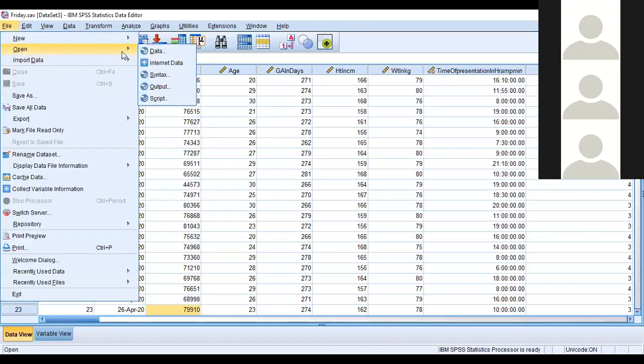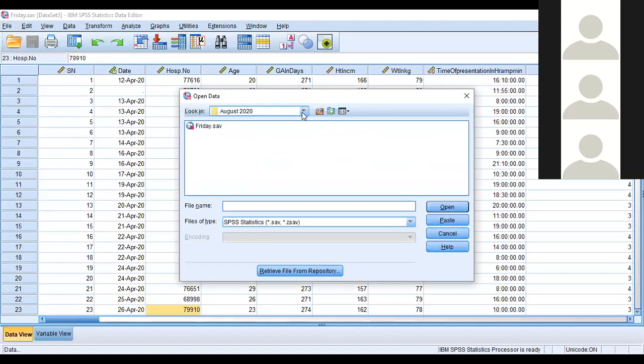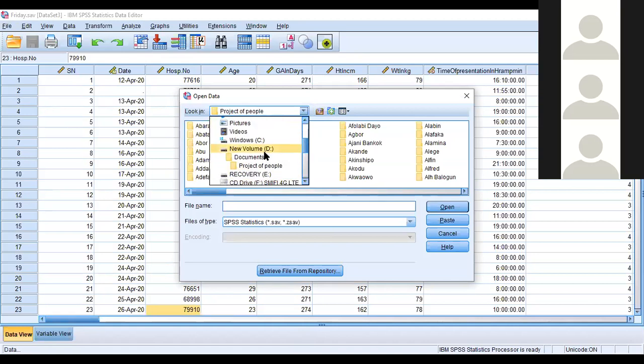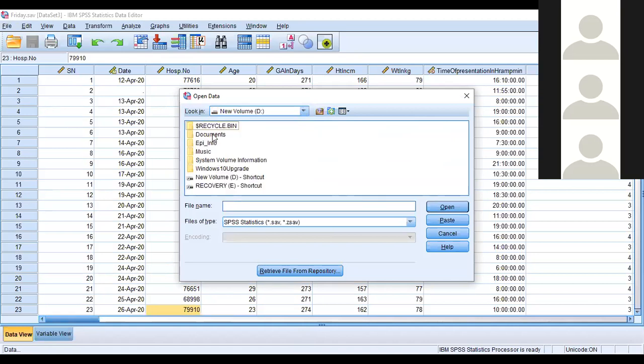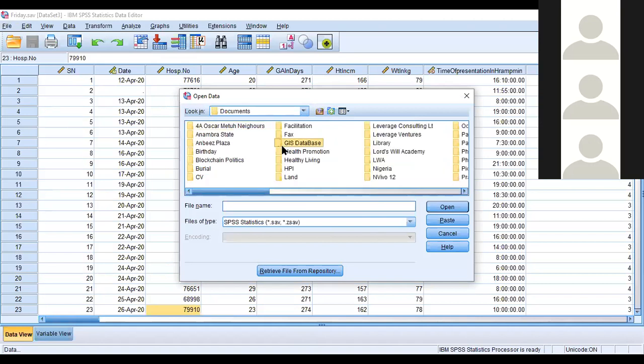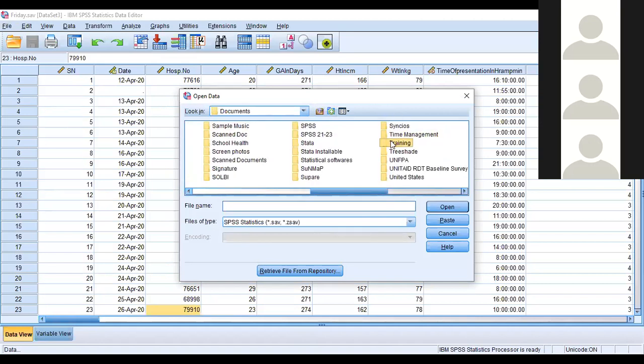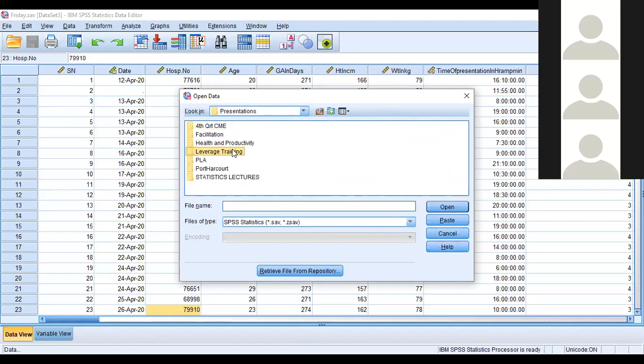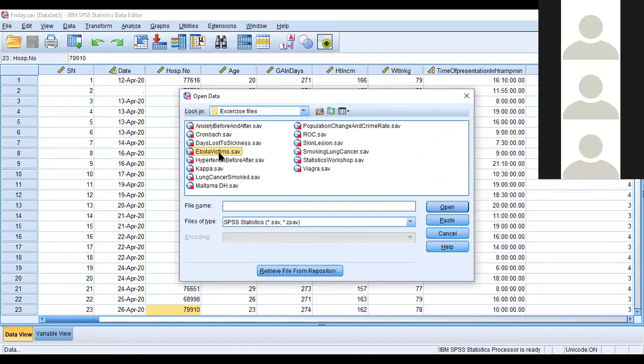Yes, let me open it. Open the data set. Ebola victims, yeah.